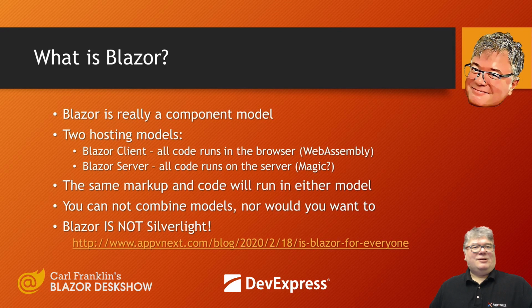So the only similarity between Silverlight and WebAssembly, C# or Blazor, is that you write C# code and it runs in the browser. Other than that, it's completely different. WebAssembly is baked into every browser except those that stopped being developed before WebAssembly.